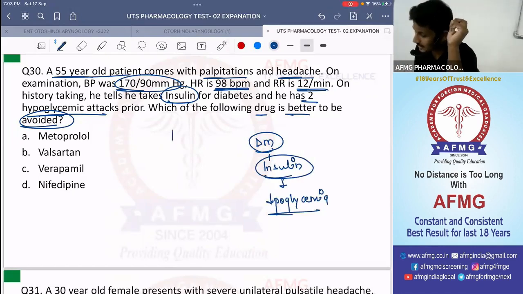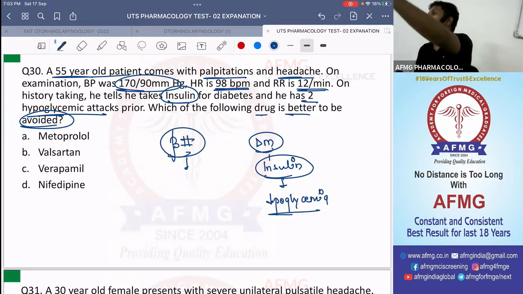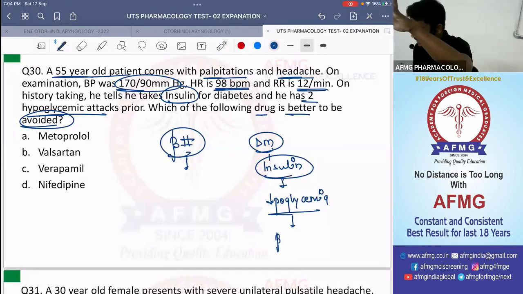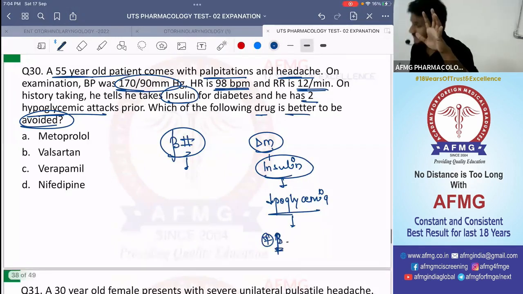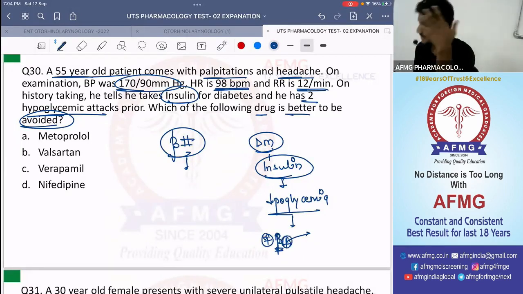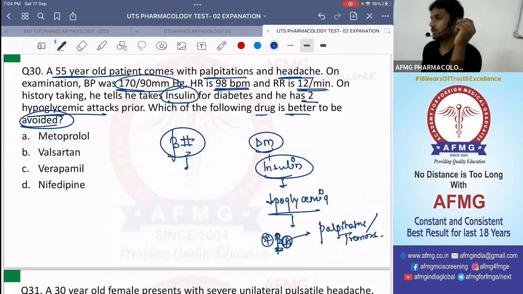Okay, and if a patient is taking a beta blocker, what can happen? If a patient is taking a beta blocker, there would be inhibition of these beta receptors. These beta receptors are usually stimulated during hypoglycemia, and once these beta 1 receptors are stimulated, that will cause warning symptoms like palpitations, tremors, tachycardia, sweating, diaphoresis, all of these due to beta 1 stimulation.